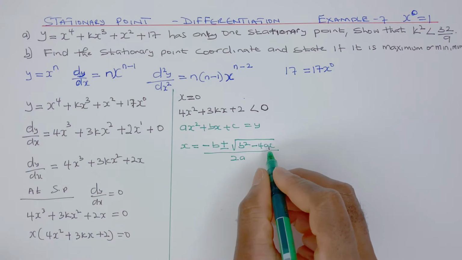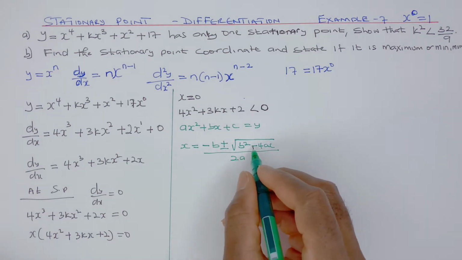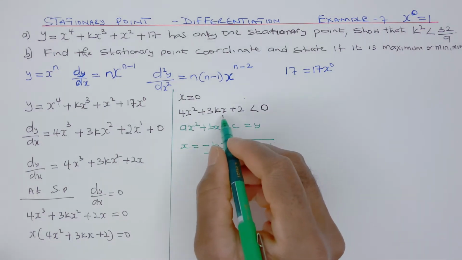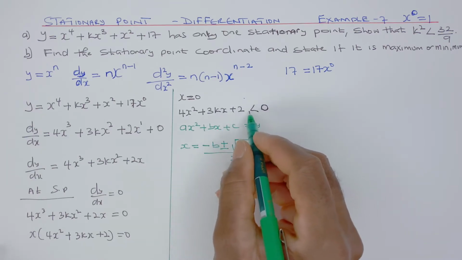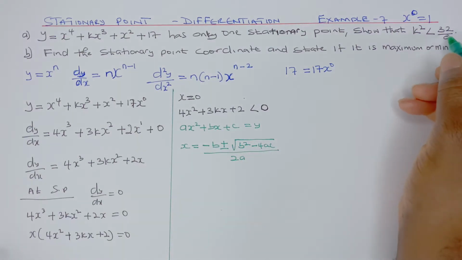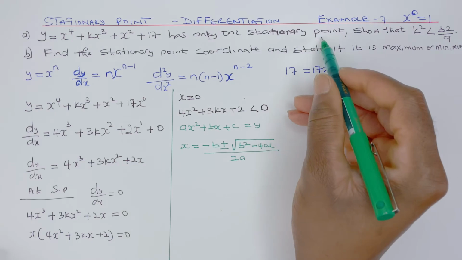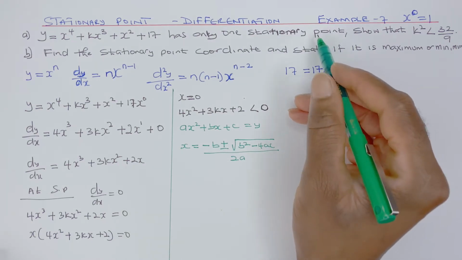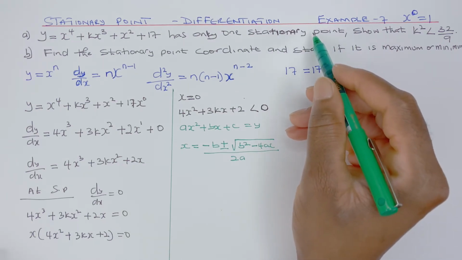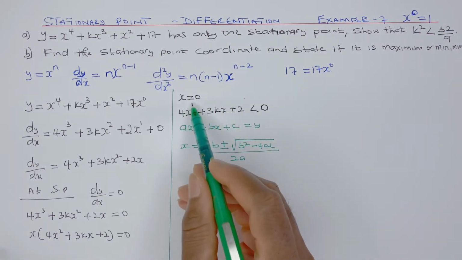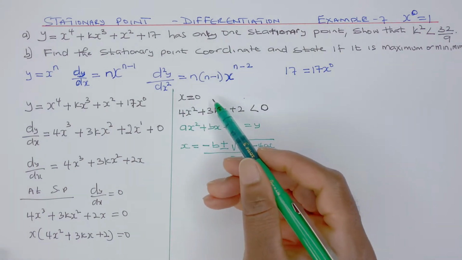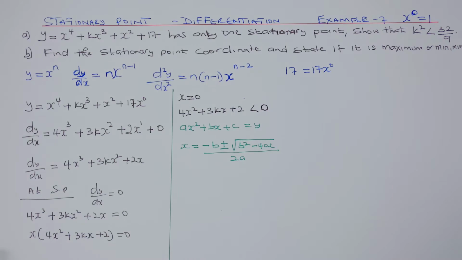So the discriminant here has to be less than 0 if it doesn't have a real solution, because that's what this is telling us. It's only got one stationary point, and that one stationary point is when x equals 0. That's the real root.